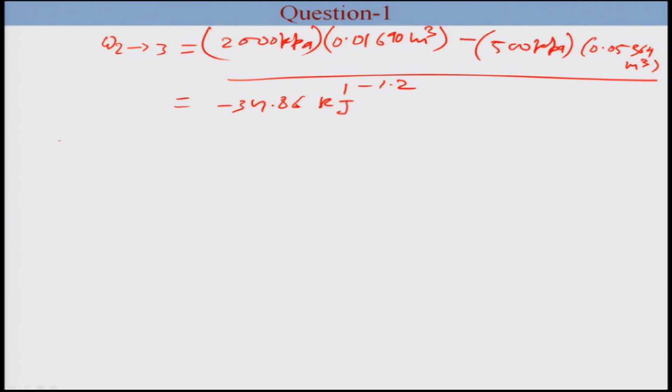Now finally we need to calculate the work done for the isobaric process, which is from state 3 to state 1.